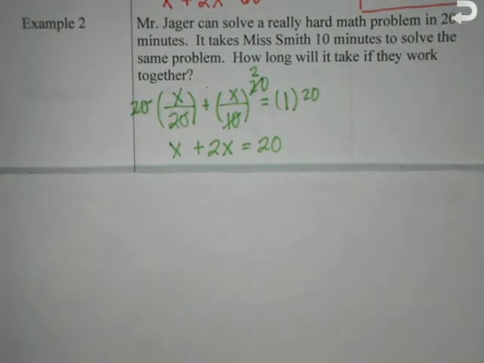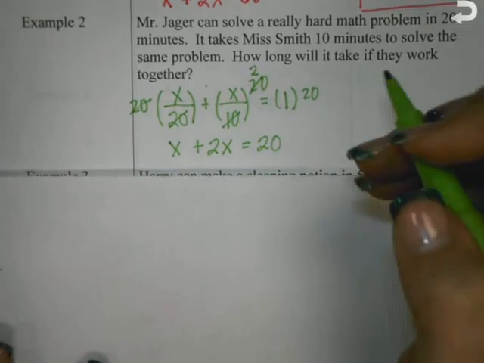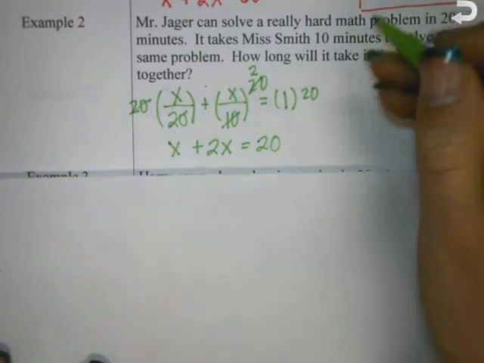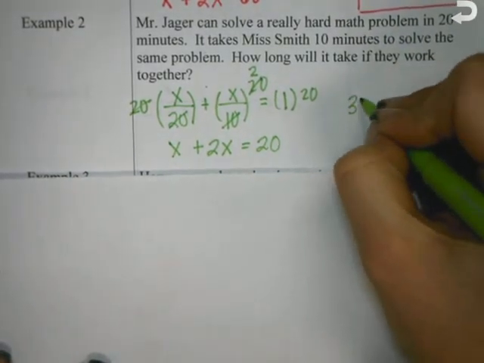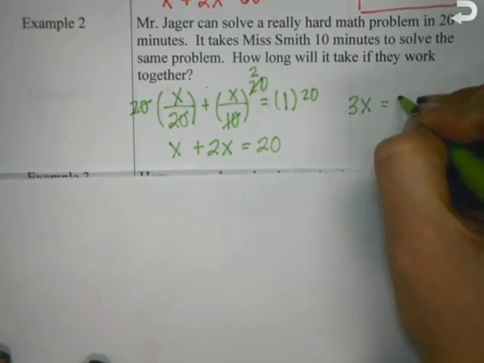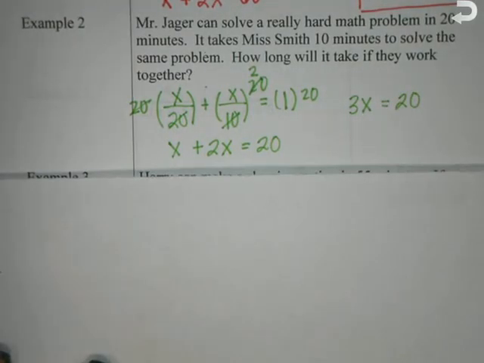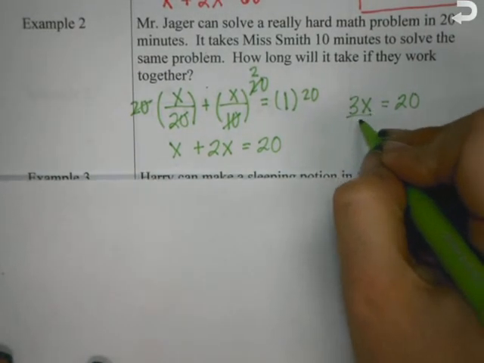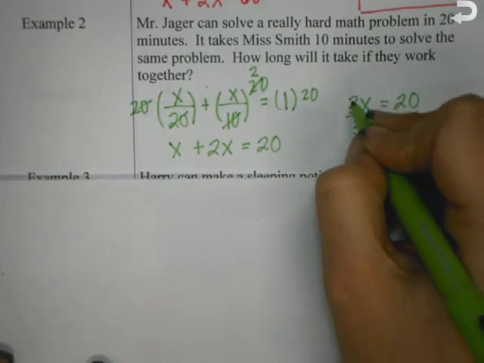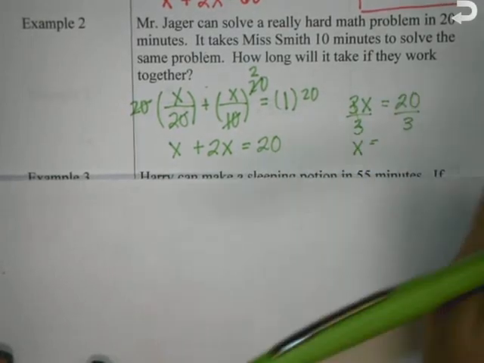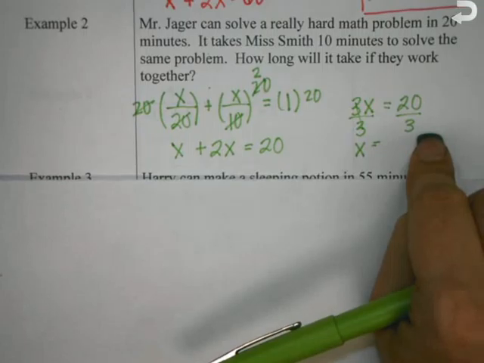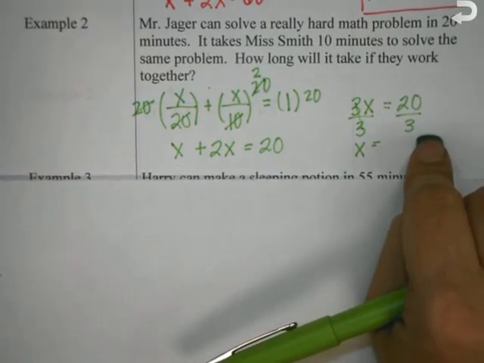Okay, x plus 2x gives me 3x, which equals 20. And then what do I do? Divide by 3. So I get x equals 20 divided by 3. Okay, so what does that give me if I actually do the division?